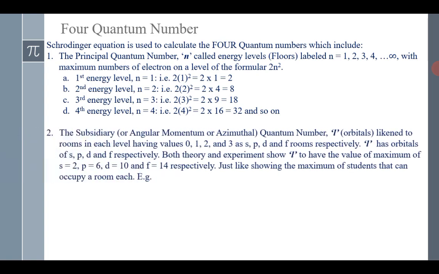So the second one is the subsidiary or angular momentum quantum number, often labeled as small l, or azimuthal quantum number, also called orbitals. You can liken them to rooms in each level, having the values of 0 for the room you label as S, 1 for the one you label as P, 2 for the one labeled as D, and 3 for F respectively.